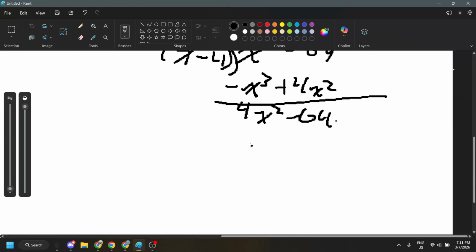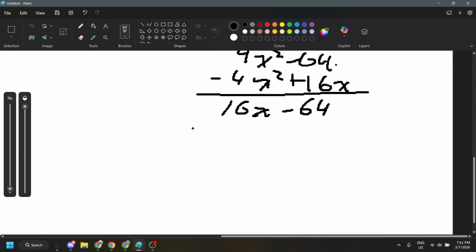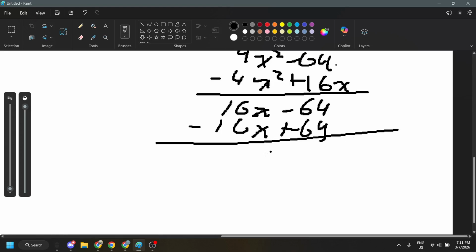Holy cow. Now we have 4x squared, which is minus 4x squared plus 16x. So now we're left with 16x minus 64, and then it's just going to be times 16. So minus 16x plus 64, 0.